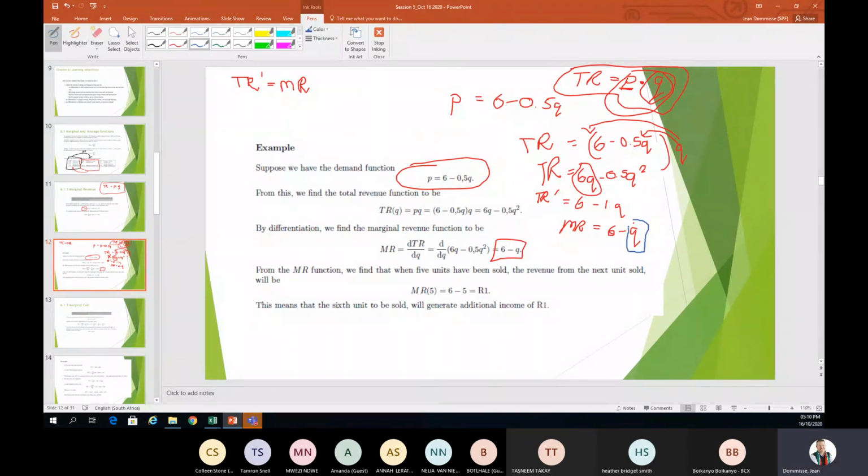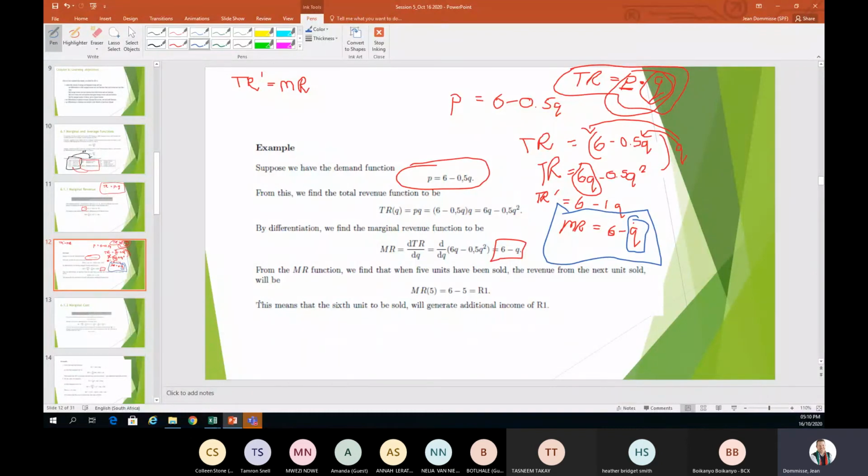There's no way you can say my marginal revenue is equal to 1 or 2 or 3. If I don't tell you what Q is, you can't work out the marginal revenue. Then your marginal revenue will stay as a formula.